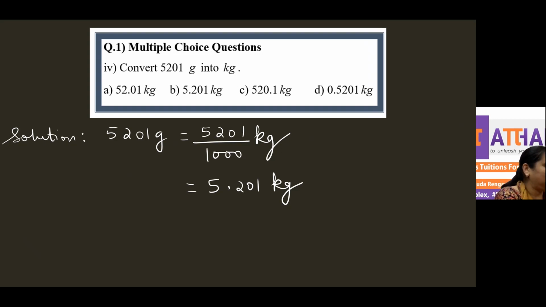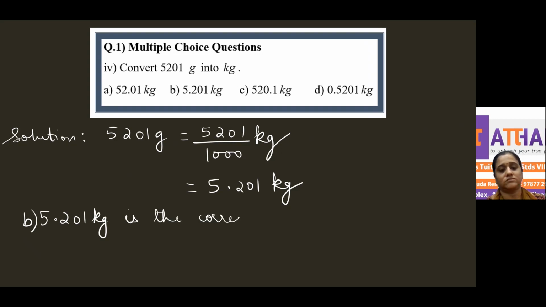Very good. Small letter b, not capital B. Very good. B, 5.201 kgs is the correct option. All right. Next one.